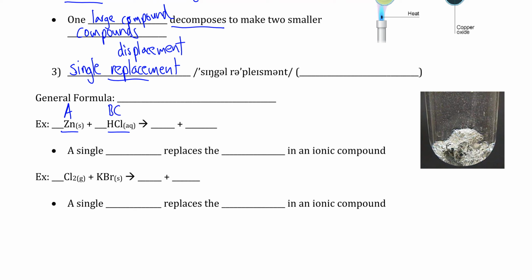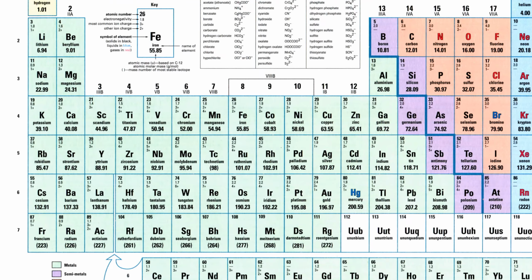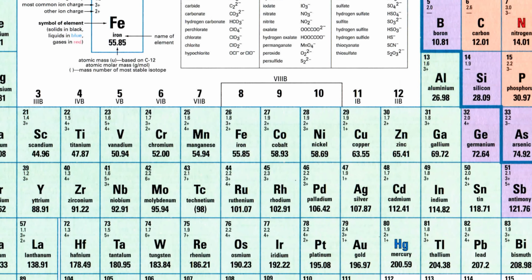Now, when we look at how a displacement or a replacement is going to work, we need to figure out whether zinc is going to replace the hydrogen or whether it's going to replace the chlorine. So we need to think of what kind of ion our A is going to form. Since zinc is a metal, if we check our periodic table, we can see that zinc has a charge of positive 2.